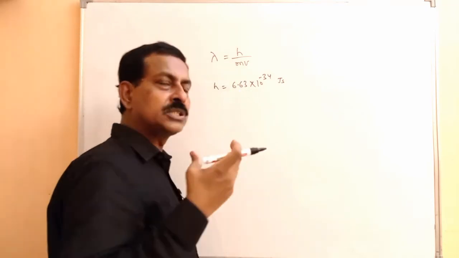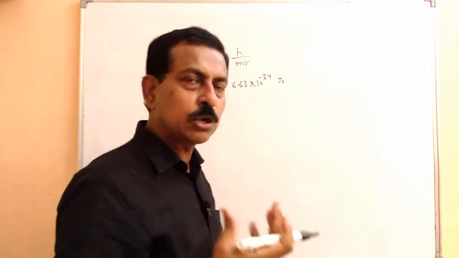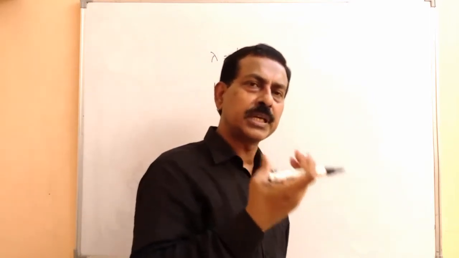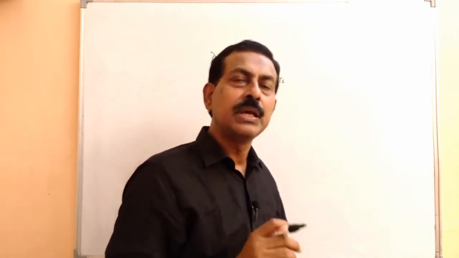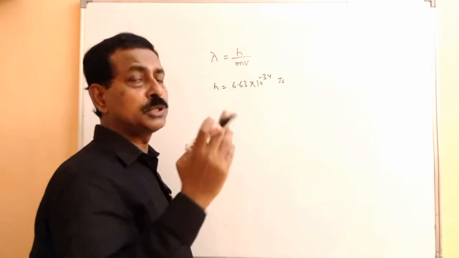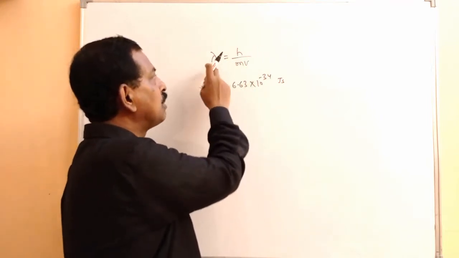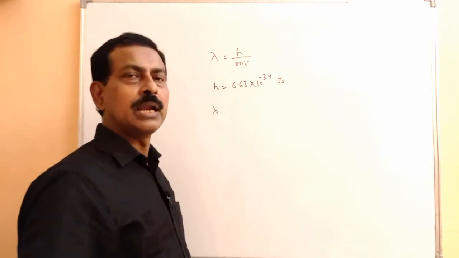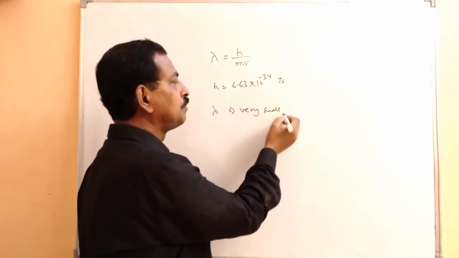So if you consider objects we come across in day-to-day life, suppose a ball or a stone thrown with a particular velocity, the mass and the velocity will give a very small value of lambda.